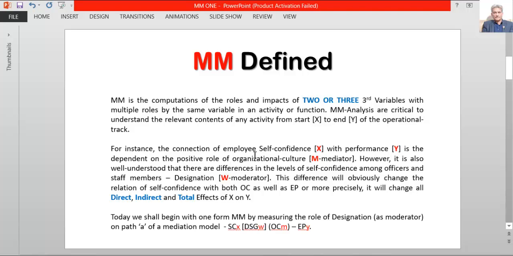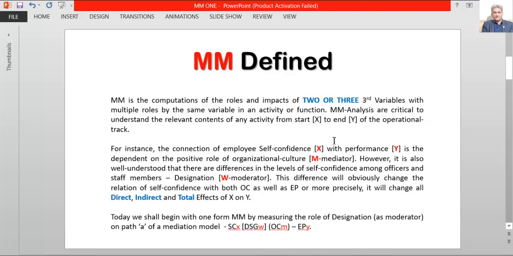The officers have greater control over the organizational resources, so they have a higher position than the staff members to get the opportunity to use their self-confidence in really affecting their performance. So, in the mediation model, where the self-confidence of an employee needs the support of organizational culture to perform well, at the same time, this story is different from officer to staff.